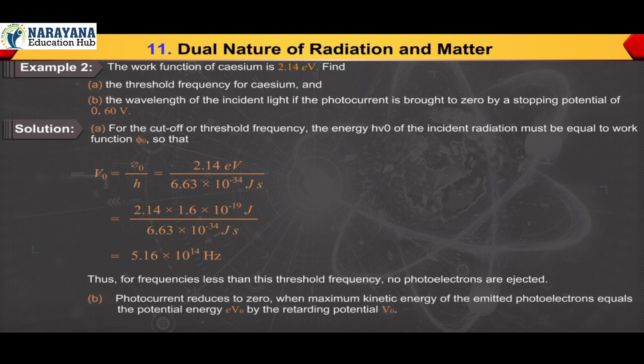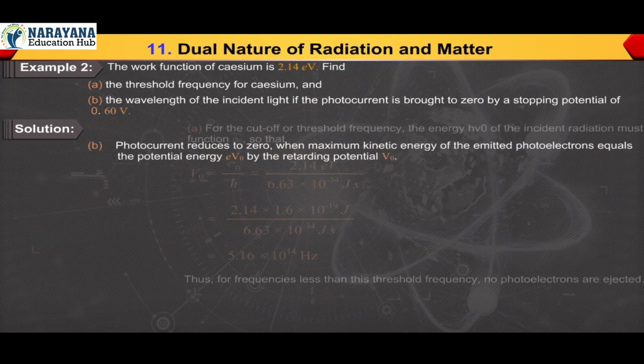B. Photocurrent reduces to zero when maximum kinetic energy of the emitted photoelectrons equals the potential energy eV0 given by the retarding potential V0.